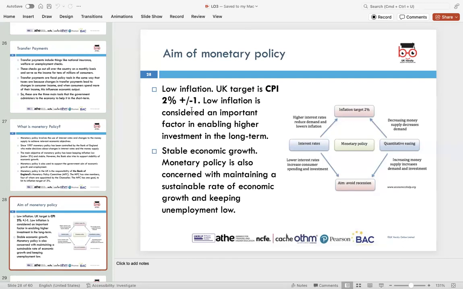Economic growth that is consistent: the monetary policy is also concerned with ensuring that the rate of economic growth is sustainable and that unemployment remains at a low level.